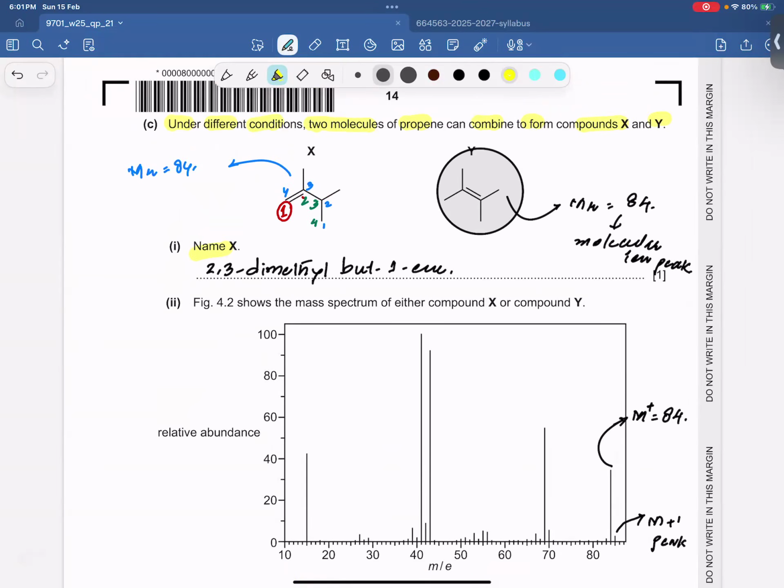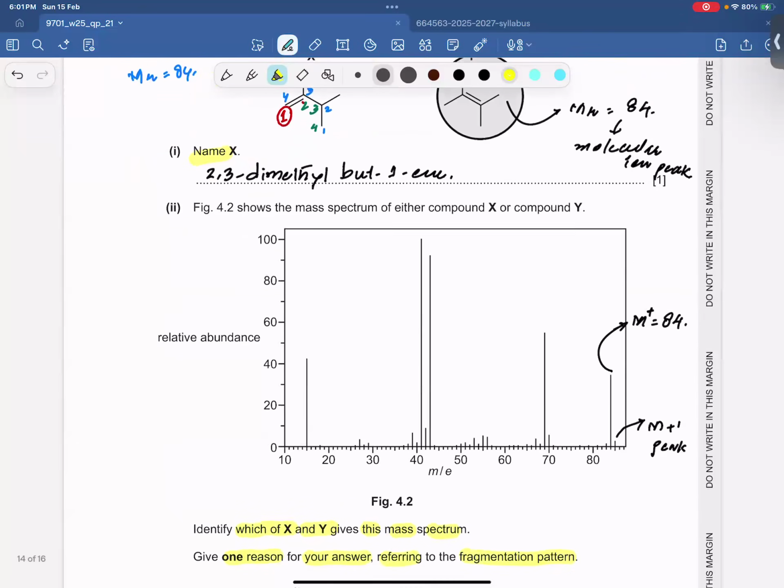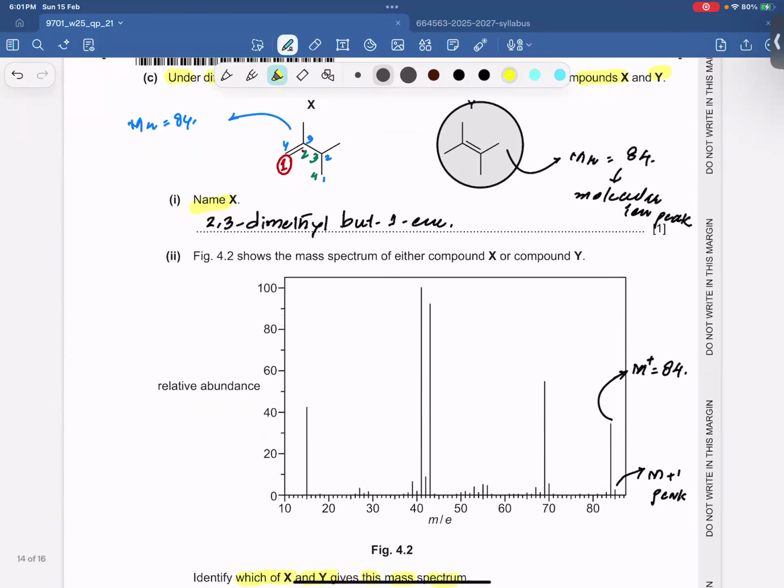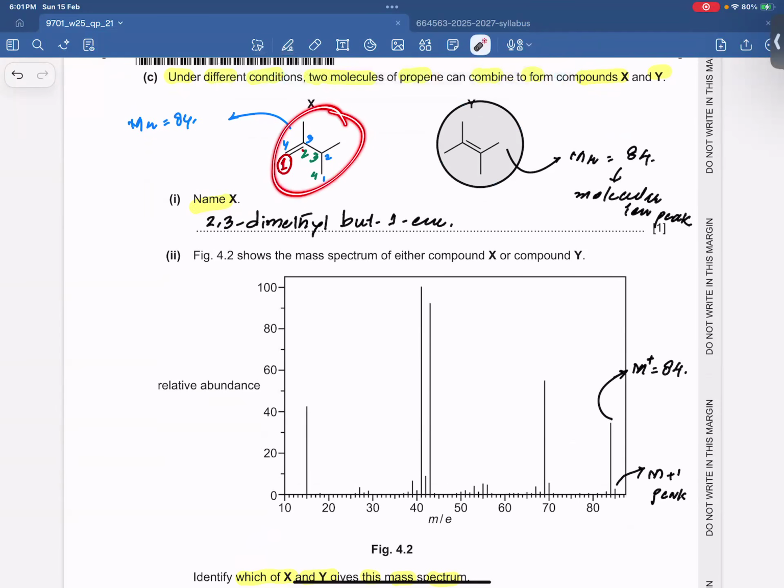Okay, fragmentation, that's tricky. Well, let's start with this.